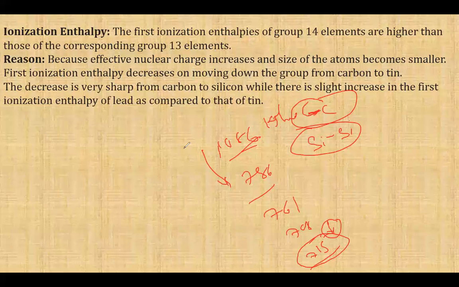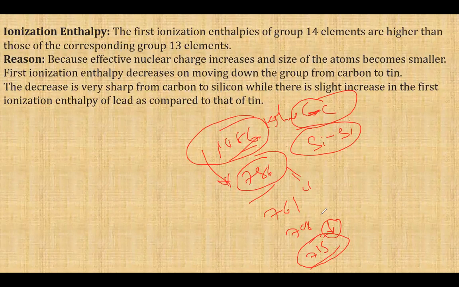That is the reason there is a sharp decrease in ionization enthalpy between carbon and silicon. After that it decreases slightly till tin, and then there is a slight increase because of lanthanide contraction.